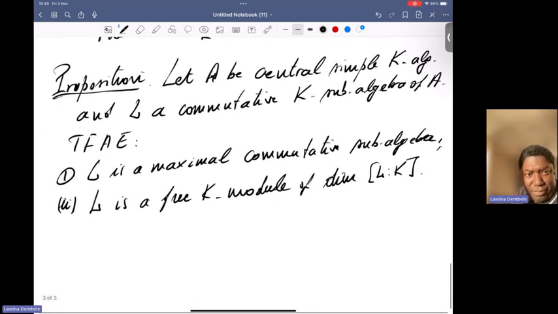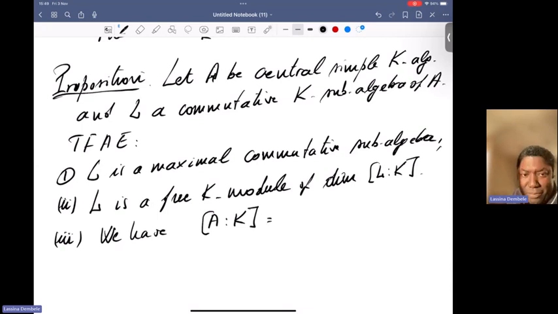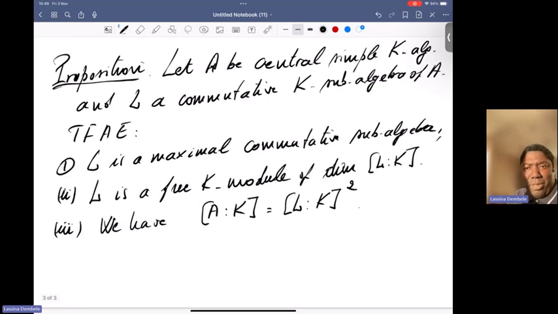And the third condition says that if you look at the degree of A over its base field, that would be the square of the degree of L. So these are equivalent conditions to determine when a subalgebra is maximal commutative. I should say semisimple.